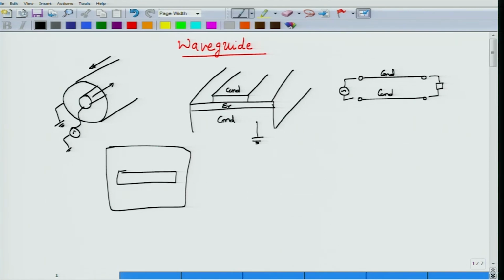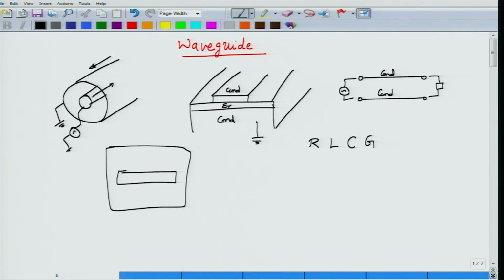Regardless of the physical structure of the transmission line, we said that all of these can be described in terms of a distributed circuit, that is a circuit whose resistance, inductance, capacitance and conductance were not at a particular point on the circuit, but rather distributed continuously throughout the length of the transmission line.